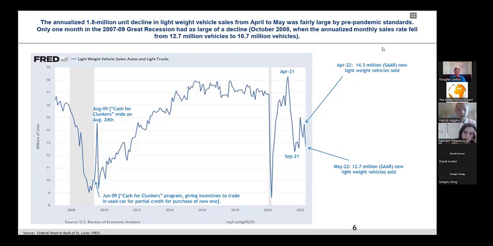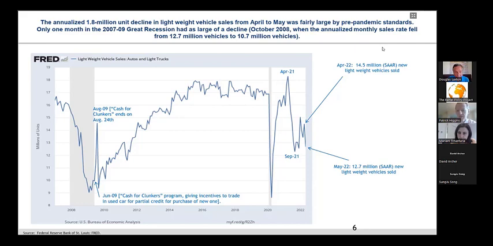Prior to the pandemic, we were selling 17 to 18 million new autos and light trucks per year. You can see that collapsed to essentially half that, I think in April 2020, and then rebounded reasonably quickly, and actually got past what it was prior to the pandemic, at least briefly.